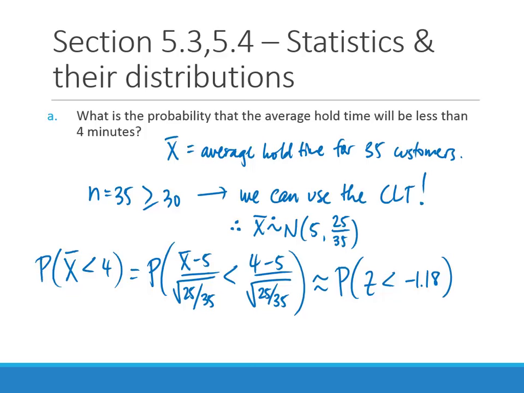So now at this point you would go to the table, you'd look up the negative 1.1 row, find the 0.08 column, and that'll give you 0.1190.